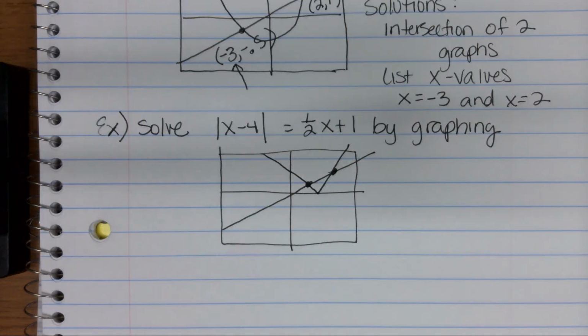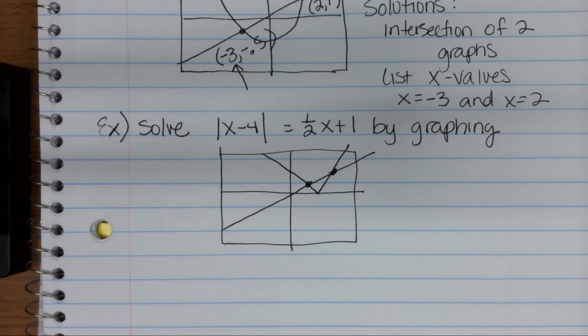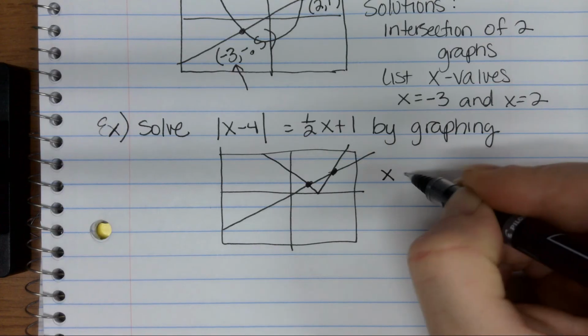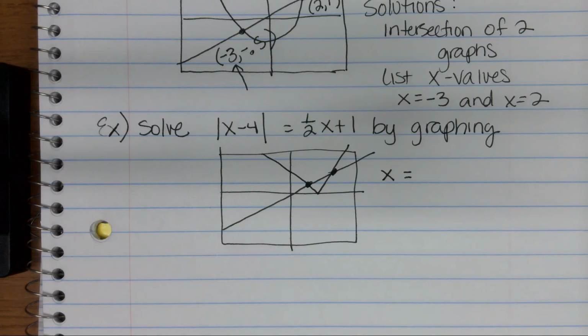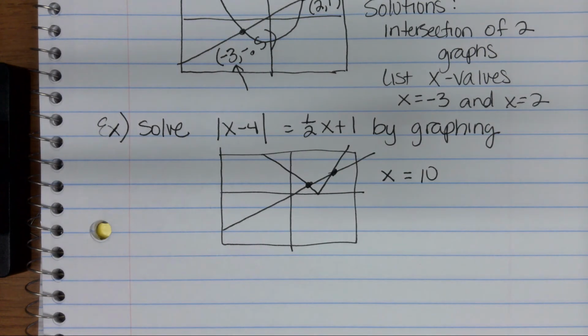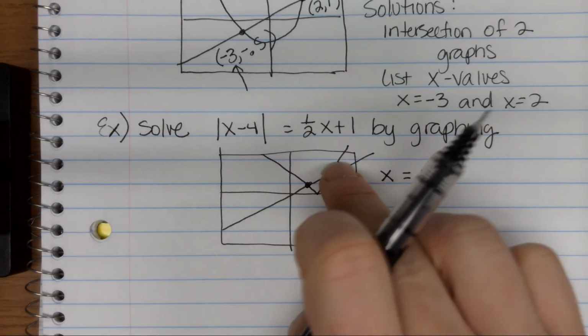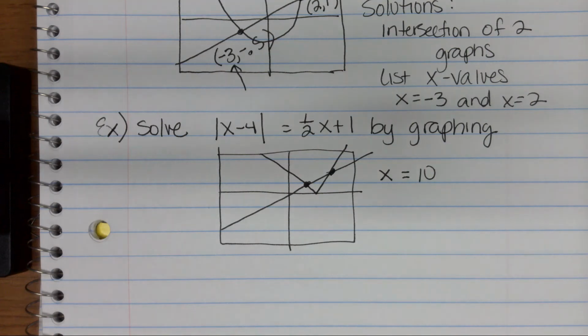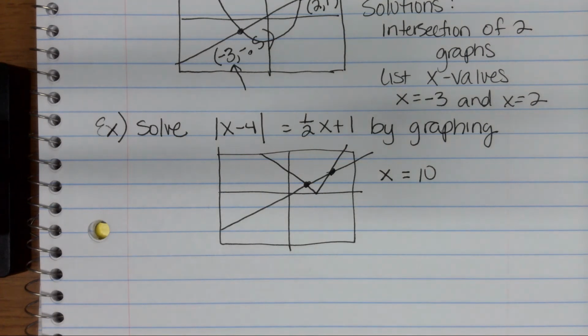Okay, and then you're going to just list your solutions. X equals what? Was one of them 10? Yep, don't list the y. If you want to write the intersection, you can, but I just want the solutions. And then the other one was x equals 2.